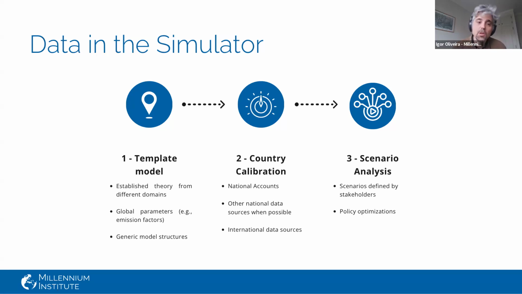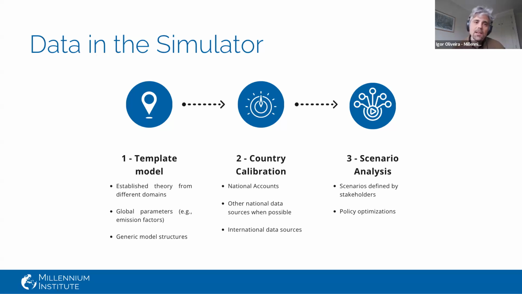Apart from that, we have some global parameters that are common to many countries that are also part of, let's say, the template model. And we try to use generic structures as much as possible so that people can relate to mathematical formulations and representations that they already know and that are already validated in each of these domains, right?